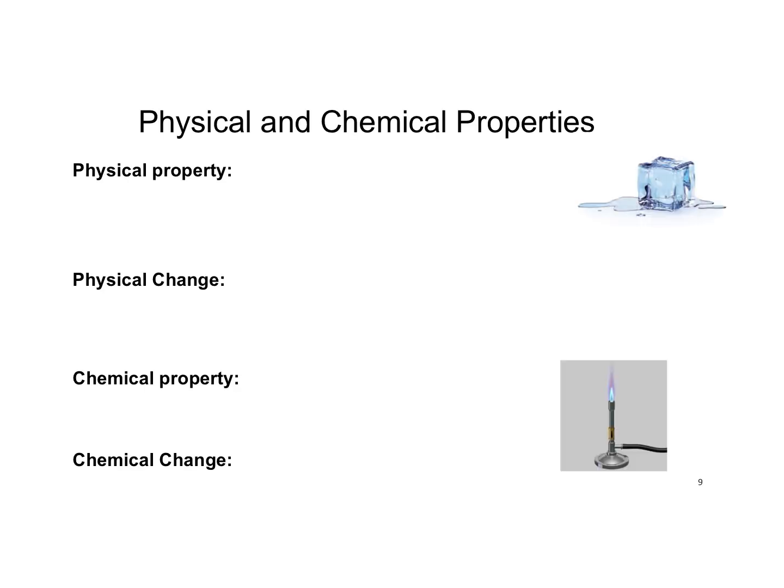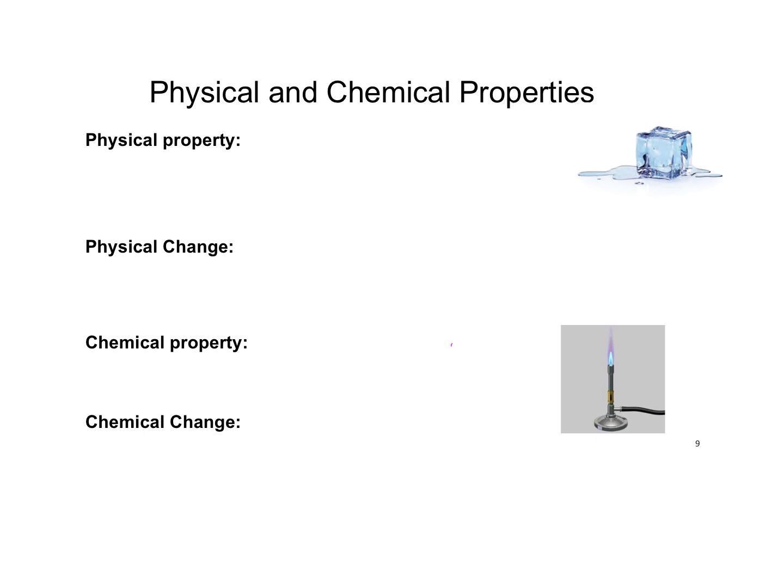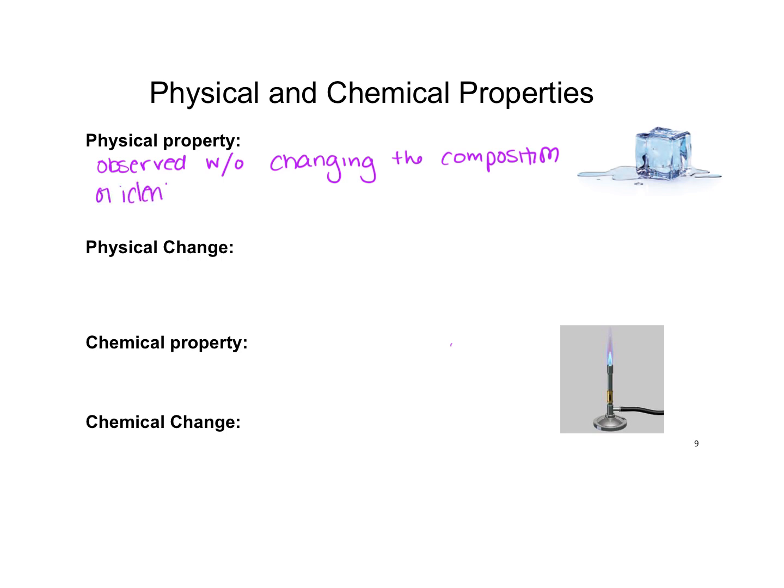So when we talk about categorizing matter by composition, we can talk about physical properties and chemical properties. Now, physical properties are observed without changing the composition or identity of the substance.